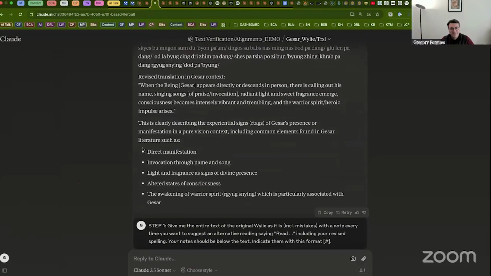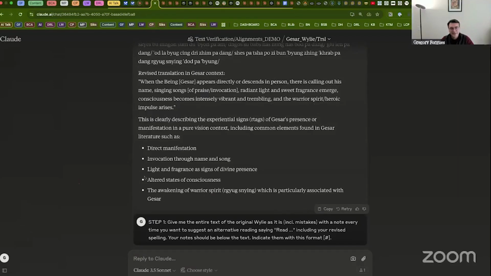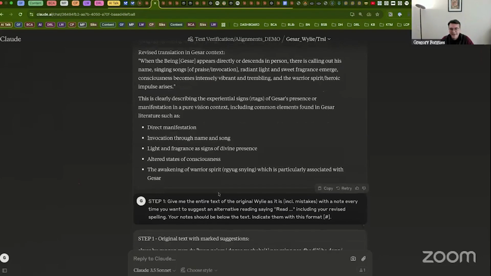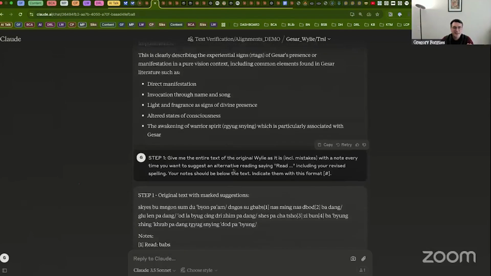So yeah, look, it's discussing that in this context, maybe we're talking about experiential science and expressions that refer to altered states of consciousness, or the awakening of the warrior spirit in the context of the Gesar world. So interesting. Anyways, that's something we can get back to when we talk about translation issues.